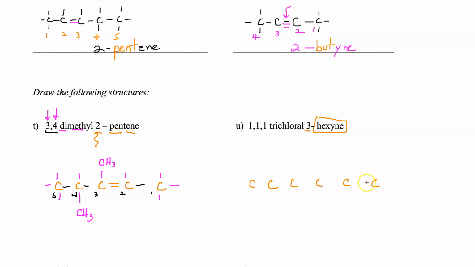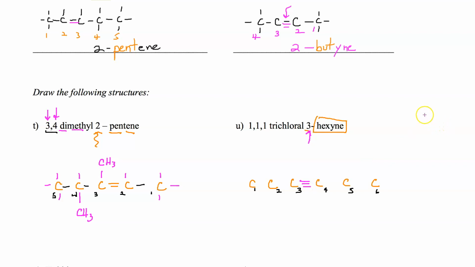I don't know why I'm counting backwards, but I'm just going to choose. So I'll make this 1, 2, 3, 4, 5, and 6. The triple bond takes precedence. That's going to be starting on the what? Third carbon. 1, 2, and 3.